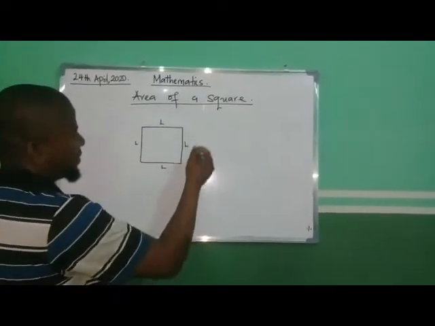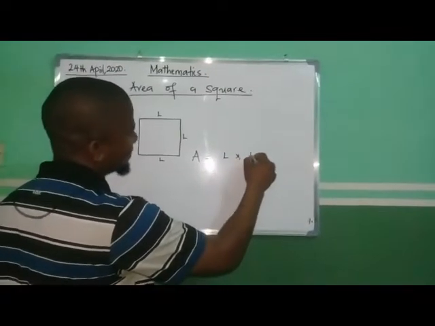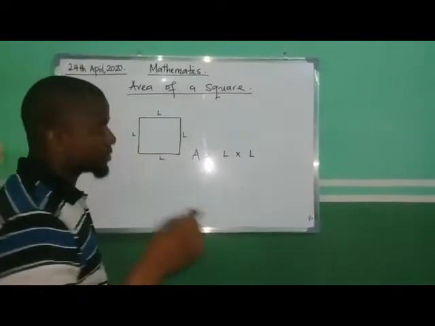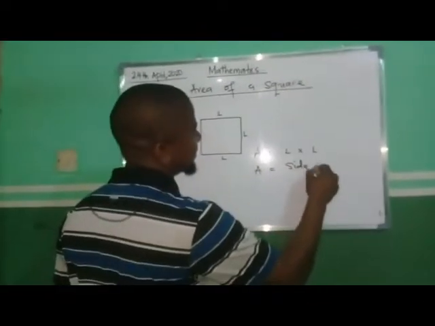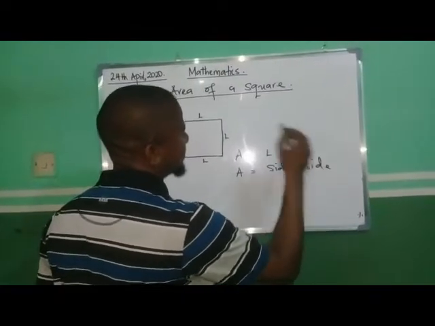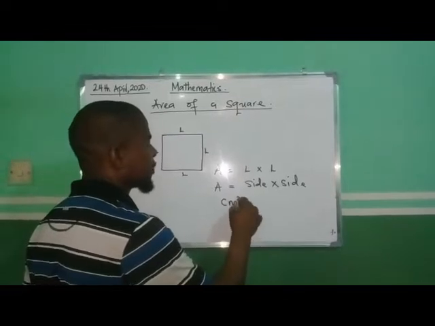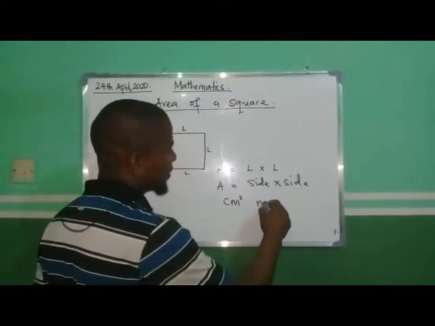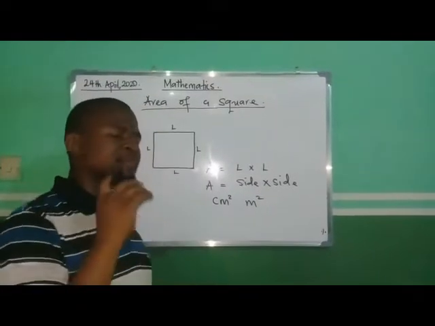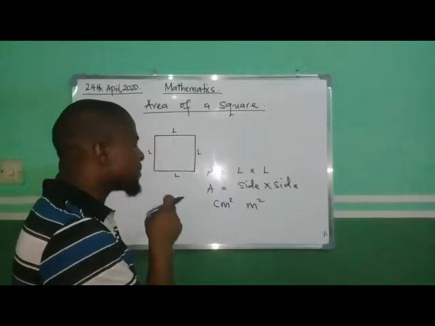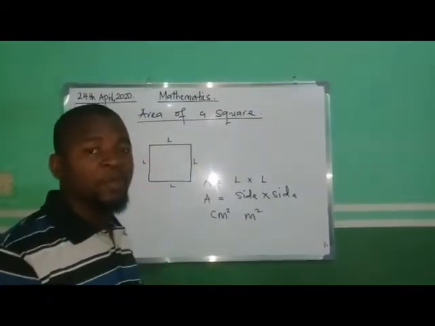So let's look at it now. The area is defined as length times length, or as you will see in some textbooks, side times side. And the unit is usually in either centimeter squared or meter squared or any other unit used in the measurement of length, but squared, depending on the magnitude of the square.